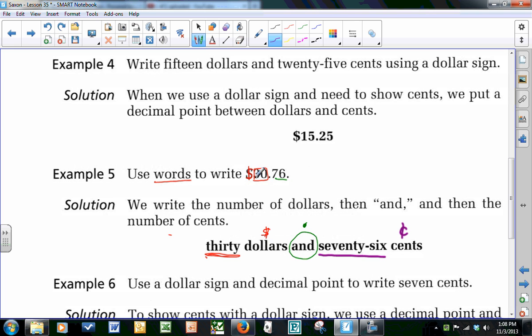So you just say it, and whatever, this looks really complicated and probably is a little too complicated. Just look at this and write it how you say it. $30.76. If somebody gave you this amount and you counted it, and I said, hey, how much money do you have? You would simply say this right here, $30.76. So just write it like you say it in everyday life.